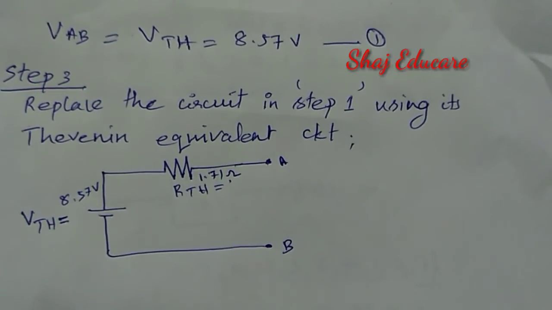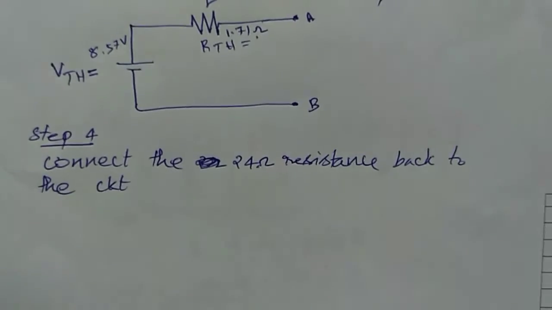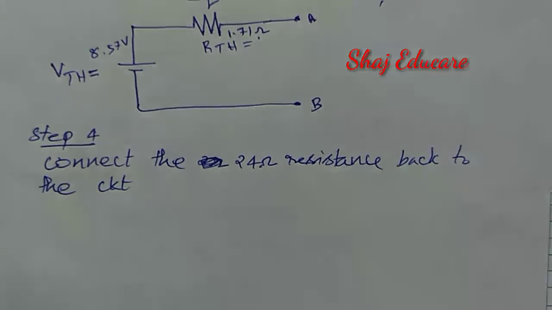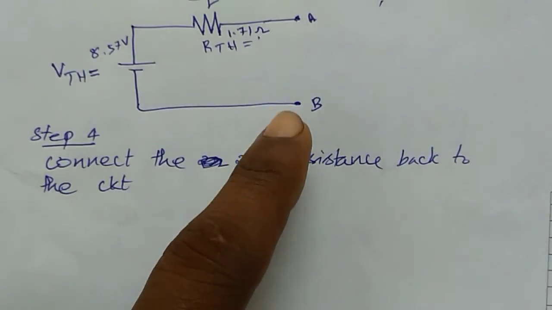That is the equivalent circuit for the circuit in step 1. Now we are about to finish the topic. Let us move to the next step, the final step, step 4. We have to connect the 24 ohm resistance back to the network.